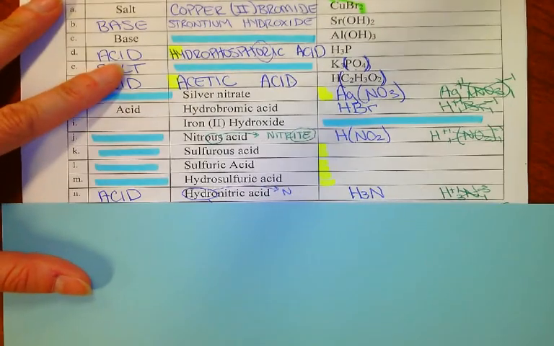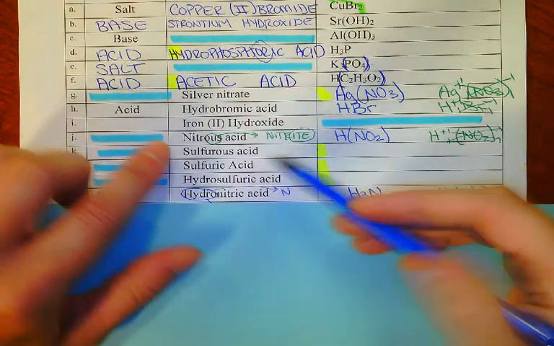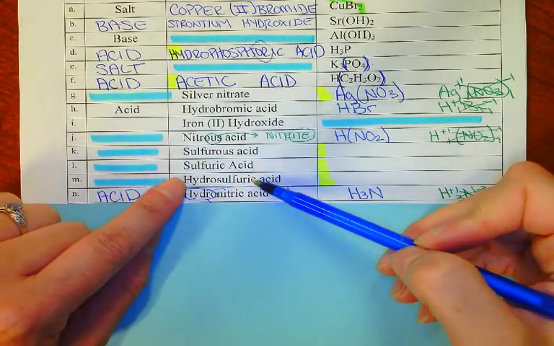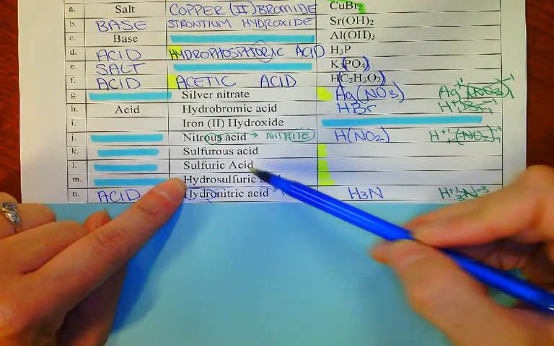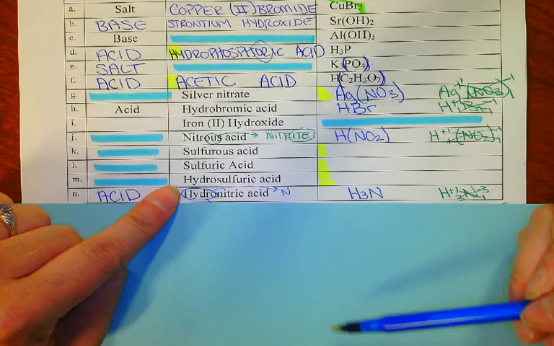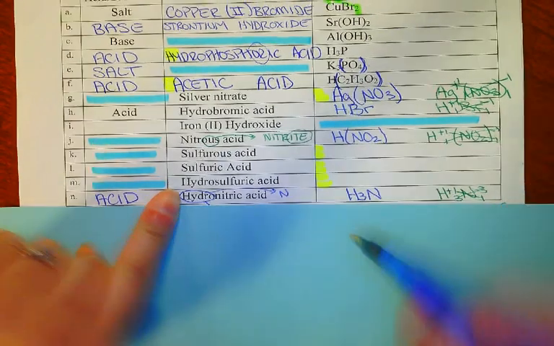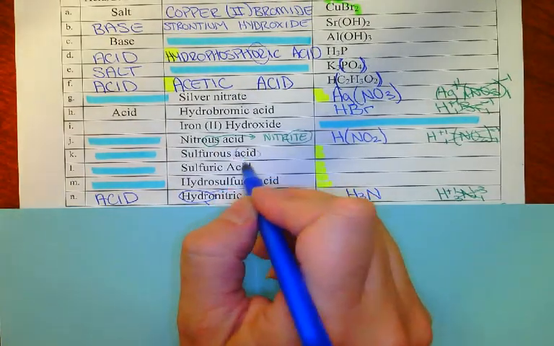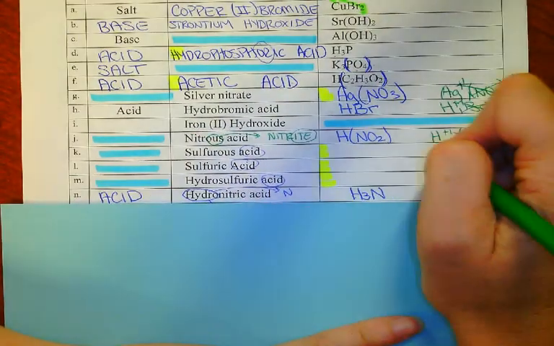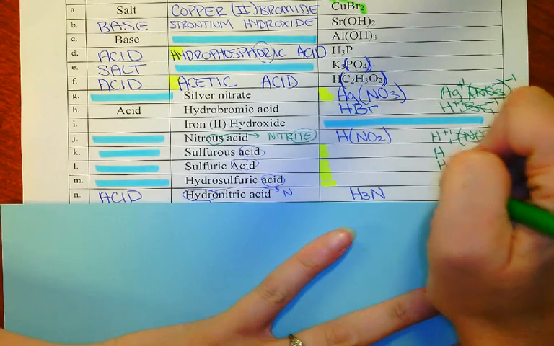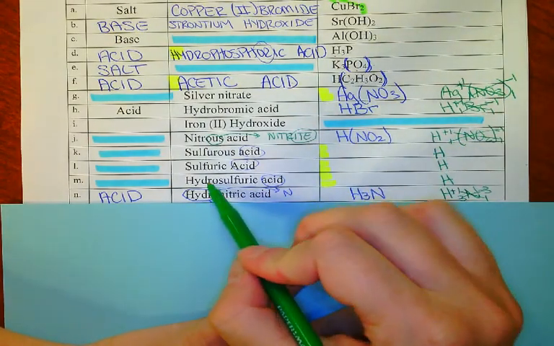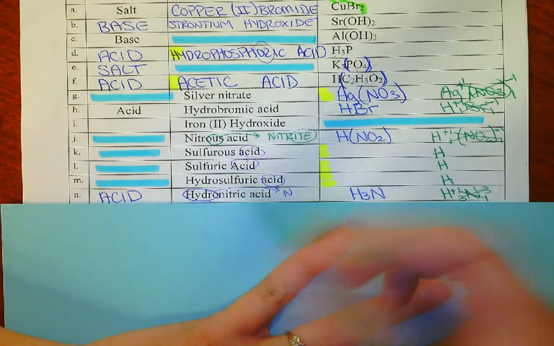I really like these next three. Sulfurous, sulfuric, and hydrosulfuric, okay? Because they look very similar, but they have 3 different formulas, so it helps us figure that out. Because they end with acid, if the name ends with acid, the formula starts with hydrogen. So all 3 of these start with hydrogen, even though this one is the only one that says hydro, okay?